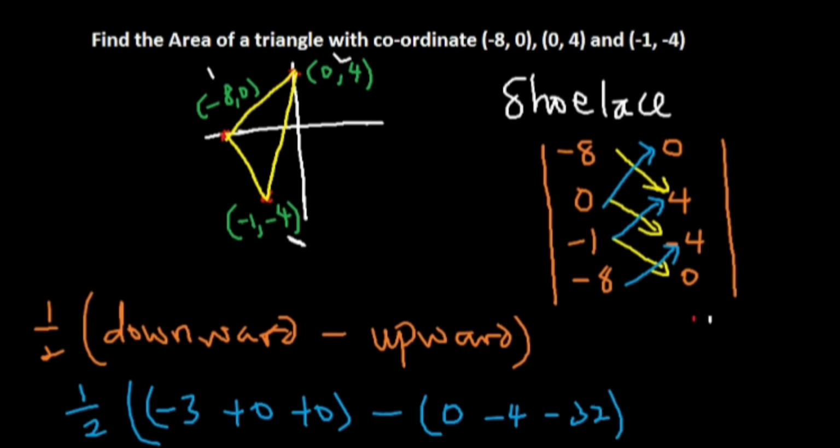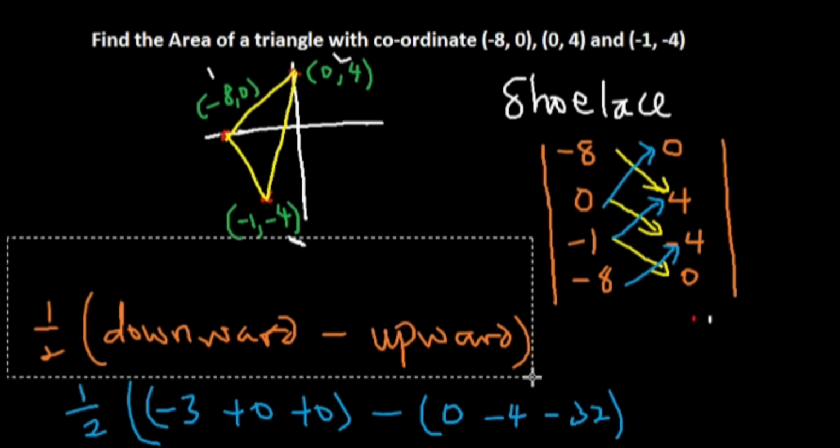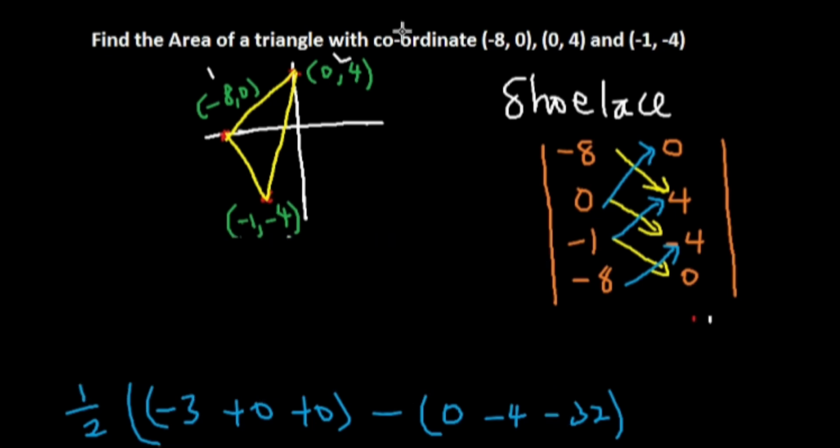Okay, that's that one. So let's sort it out quickly, since we have gotten our downward and upward directions. So I will now have 1 over 2. This is minus 32, sorry. So I have minus 32 here. Then into the brackets I will have, okay, this is minus 4 actually.